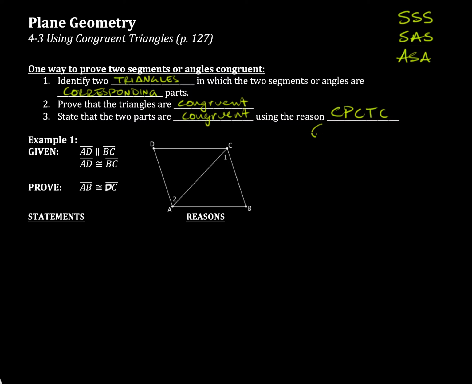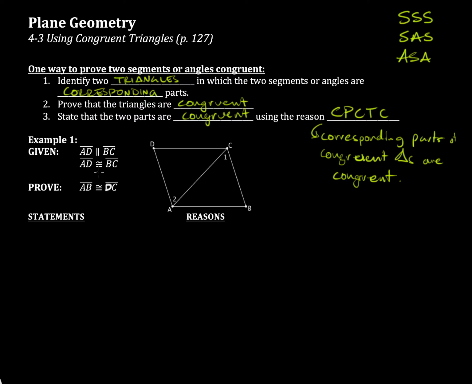Now what that stands for is corresponding parts of congruent triangles are congruent. Left out my R. Congruent. There we go. Corresponding parts of congruent triangles are congruent. CPCTC. So in other words, once we know that these two triangles are congruent, it opens the door to saying that any of the corresponding parts are going to be congruent.